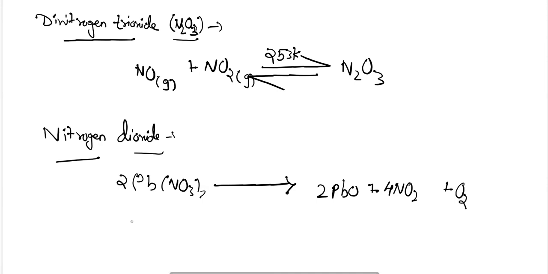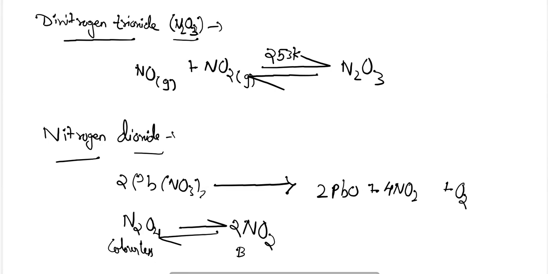In the equilibrium state, it is present in N2O4 form only. So this is colorless, but when NO2 is found, it is brown in color, having a brown colored tint.